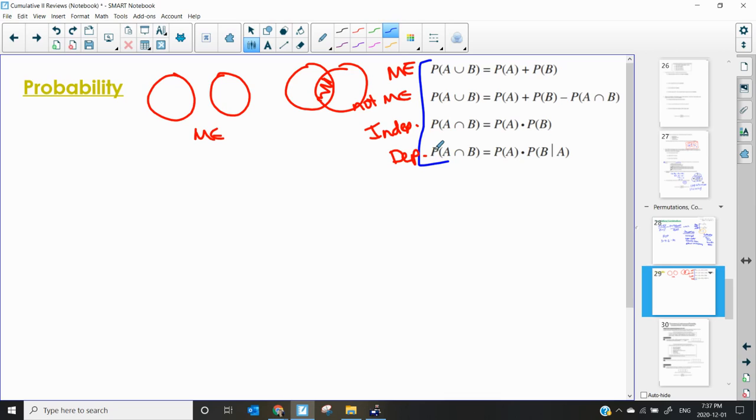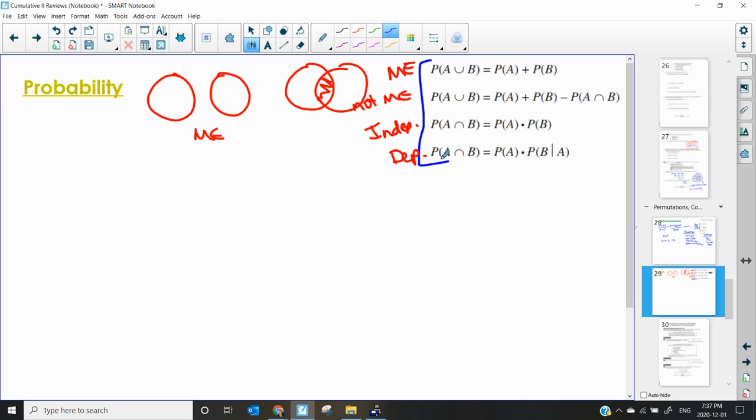The outcome of one event has 0 impact on the outcome of the other. That's different than if I pull a card out, I keep it out, and then I pull again. That would be an example of a dependent event, where the outcome of one event directly impacts the outcome of the other event. And so when we start looking at our formulas here, if it's independent, the probability of A and B is the probability of A times the probability of B.